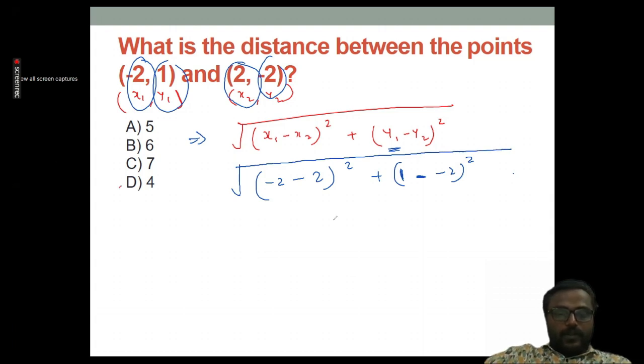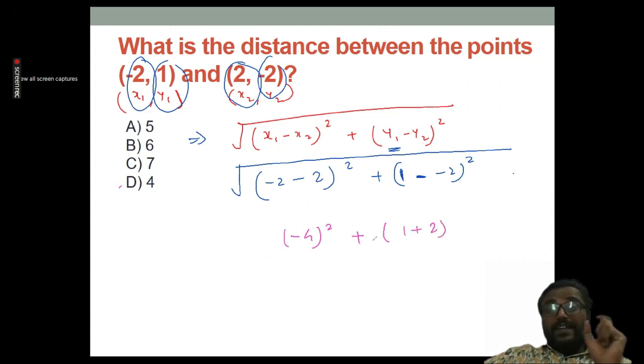Let's solve it further. Negative 2 minus 2 will be negative 4, whole square, plus 1 minus negative 2. If there are two simultaneous minuses, it will become positive. 1 plus 2, whole square.